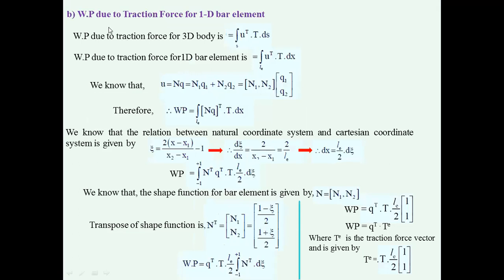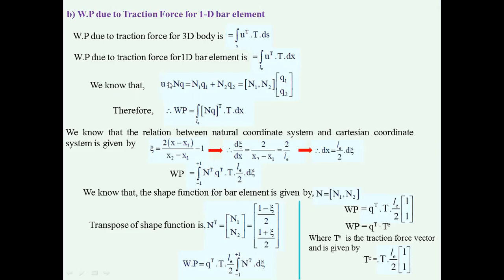Now, the second one, that is traction force. Let us start deriving the work potential due to traction force for 1D bar element. Again, we know the work potential due to traction force for 3D body is given as surface integral u transpose T into dS. Replace the 3D body with 1D bar element. The surface is replaced as line integral u transpose T into dx.